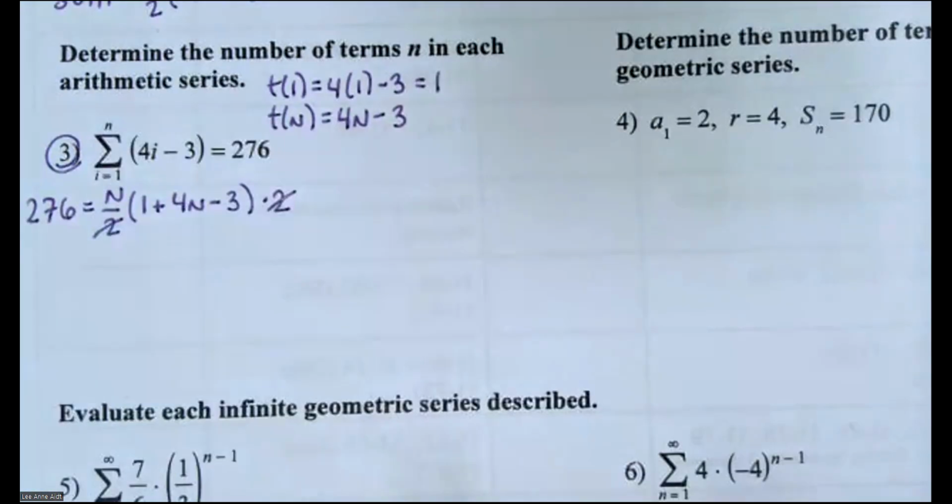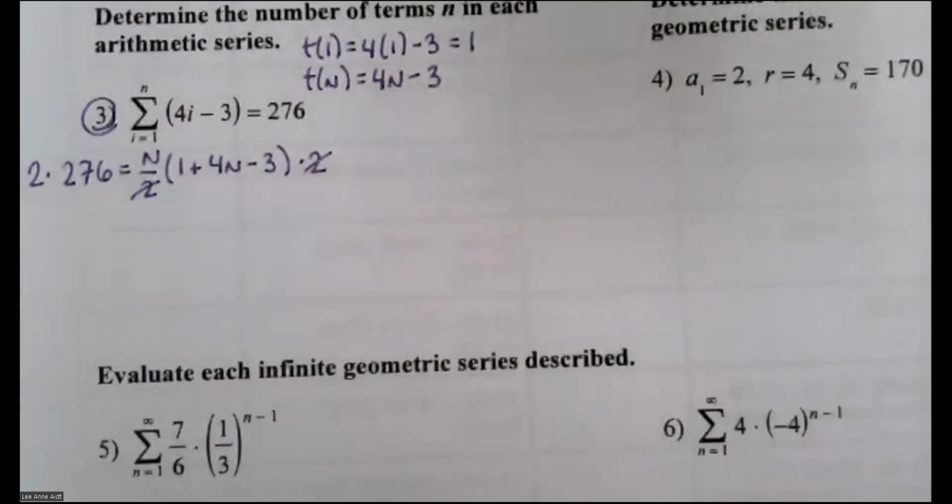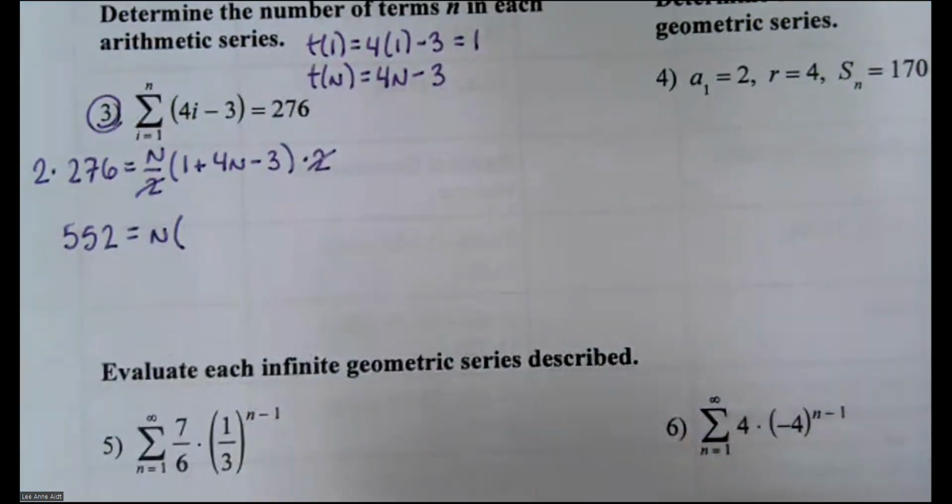Look, I almost did it. I know you're smarter than me. 276 times 2, 552 equals n. Okay, and then I'm going to combine the 1 and the -3, so I have 4n minus 2.